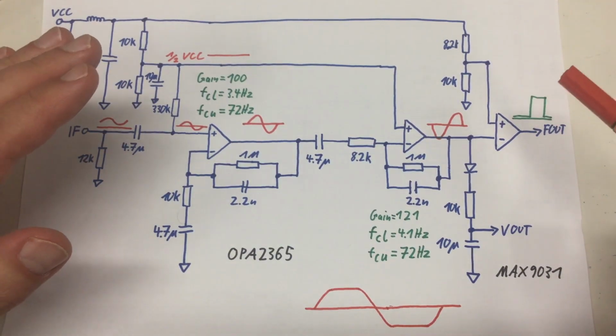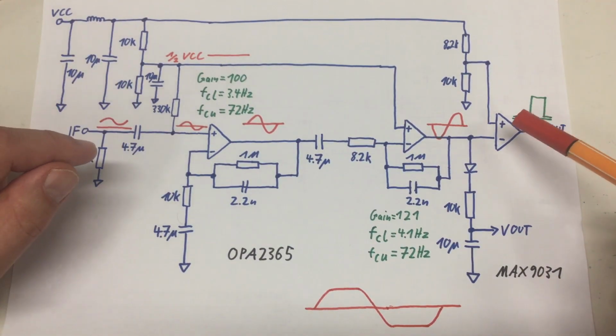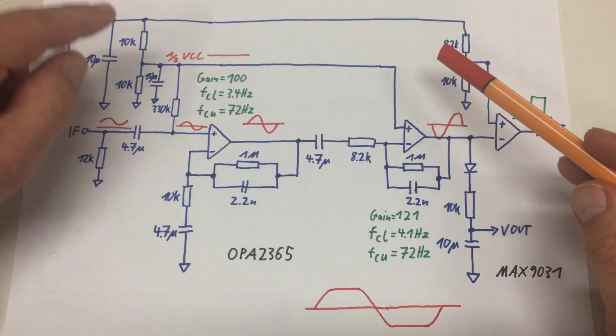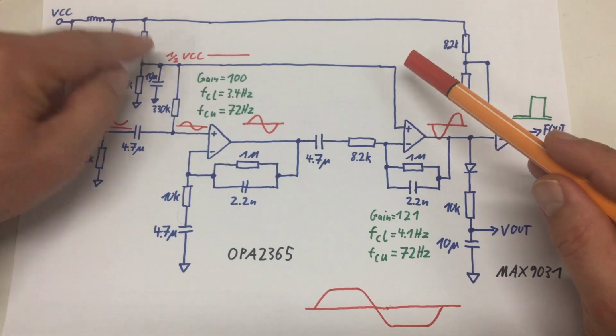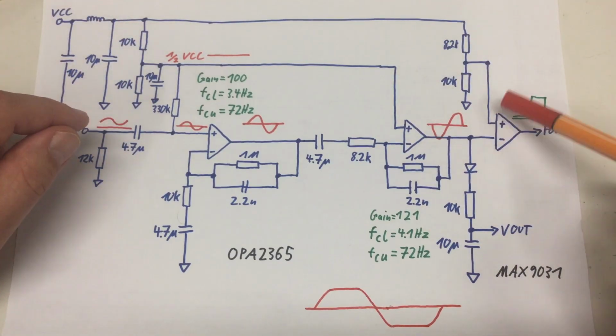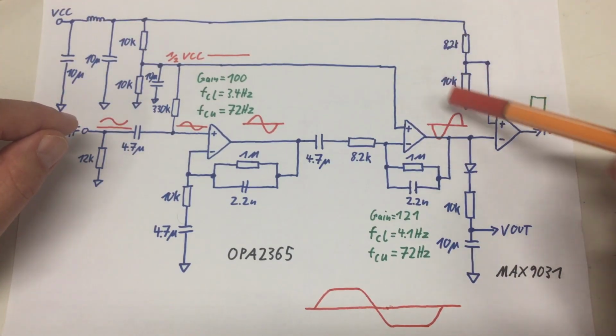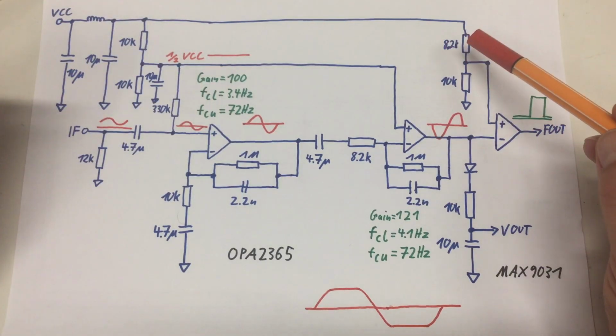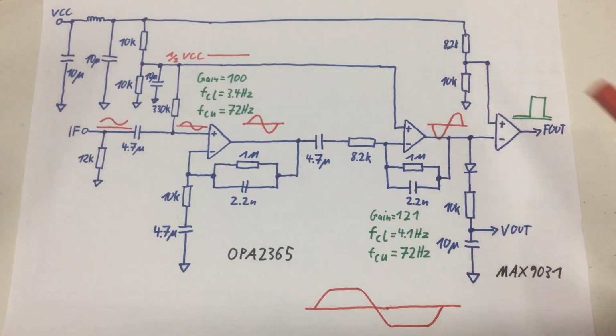And I'm not sure, to be honest, why the positive input here is not connected to the 2.5 volt half VCC rail, but has its own voltage divider here, which is not quite 1-to-1. It's 8.2 Ks and 10 Ks.